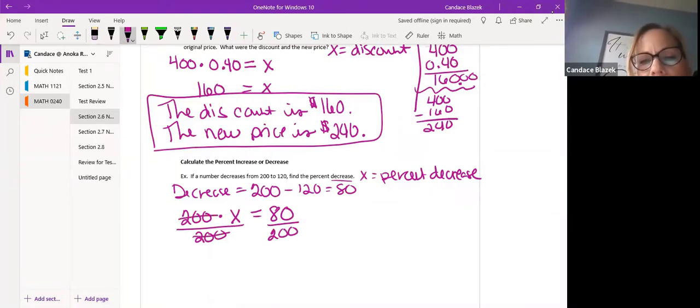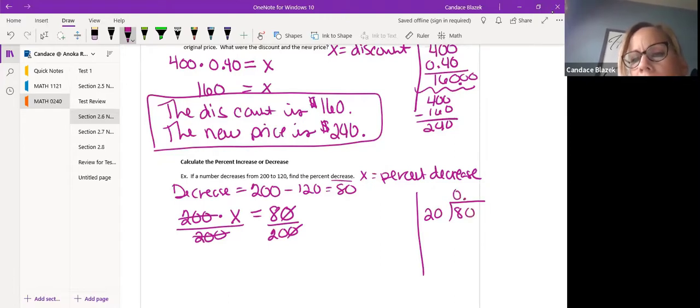Since both of these numbers end in a 0, I can cancel 1 zero from the end. So on my scratch paper, I have 8 now divided by 20. 20 does not go into 8, so I have to add that 0 and the decimal. 20 does go into 80 4 times. So x is equal to 4/10, but in percent, it would be 40%.